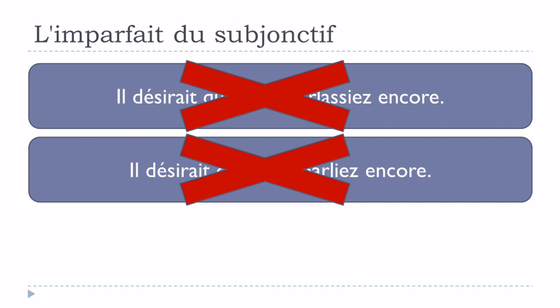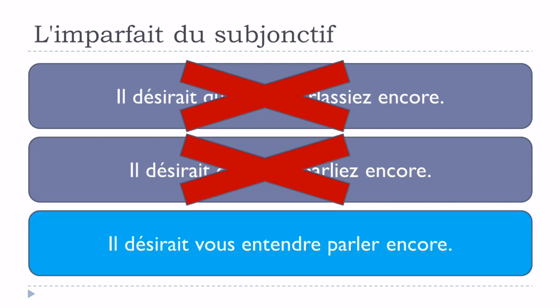So the only way that we would have a correct sentence would be to modify it and get il désirait vous entendre parler encore. Okay, and it's quite interesting here because if you look, the first one was correct, okay, but it's not used anymore. I mean, this imparfait du subjonctif here for vous, as you saw, it's quite heavy and it's not used, okay. The second one in here, it's not possible because it's not correct, okay.